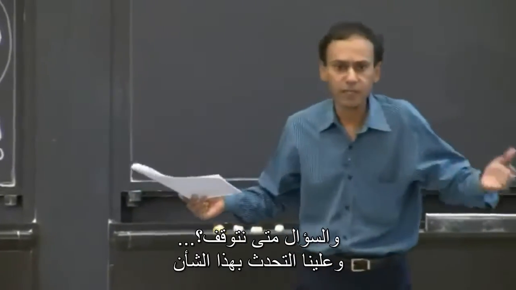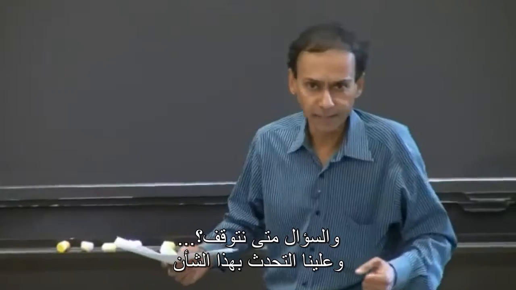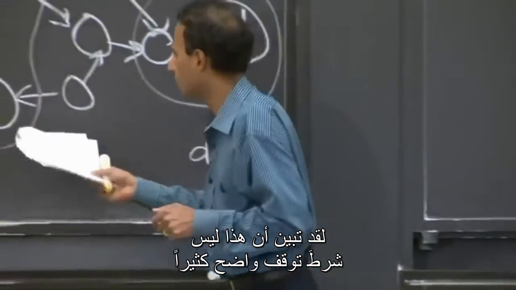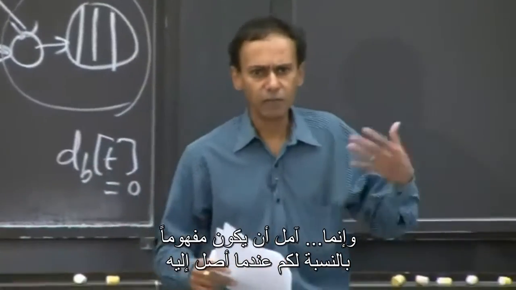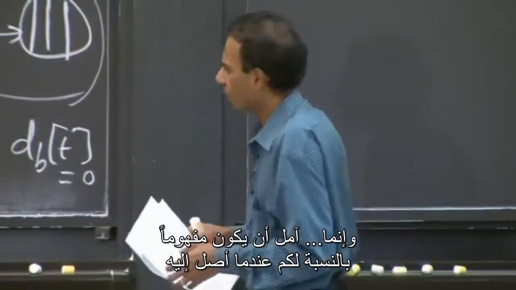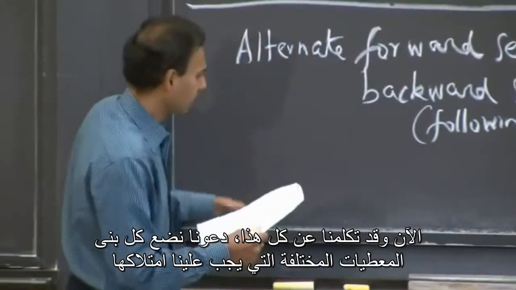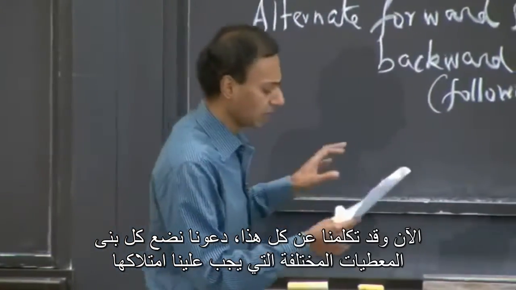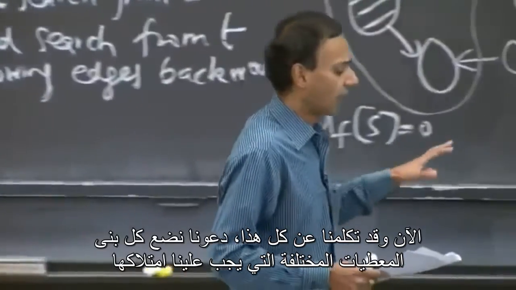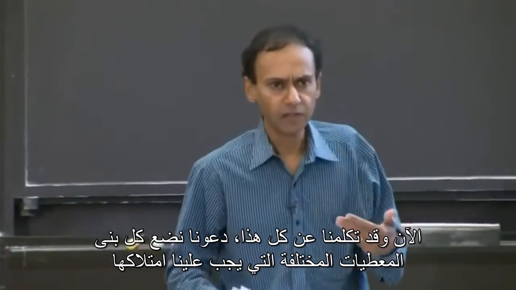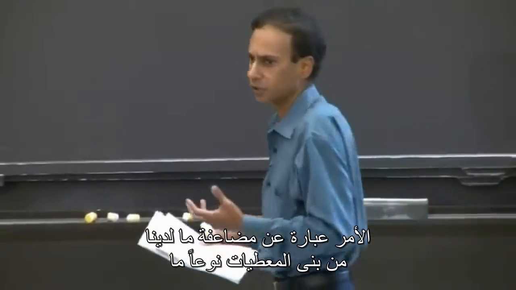And the question is, when do you stop? We have to talk about that. It turns out it's not a perfectly straightforward stopping condition, but it's something that will make sense, hopefully, when I get around to describing it. But having said all that, let's put down all of the different data structures that we have to have. It's kind of a doubling of the data structure, right?